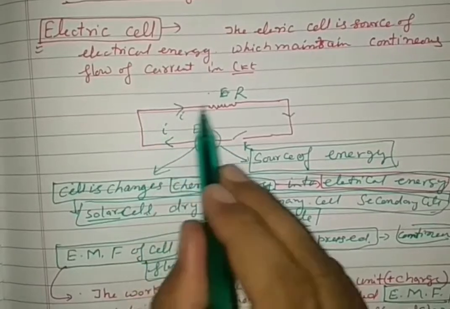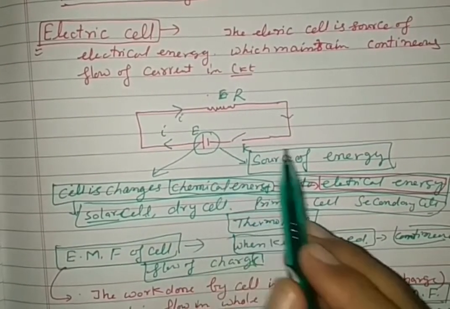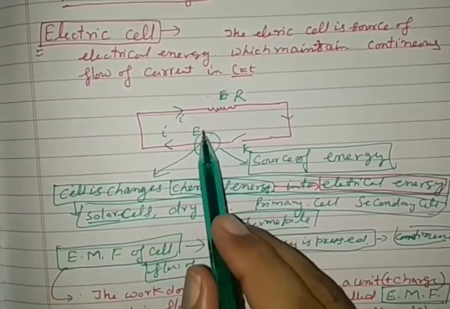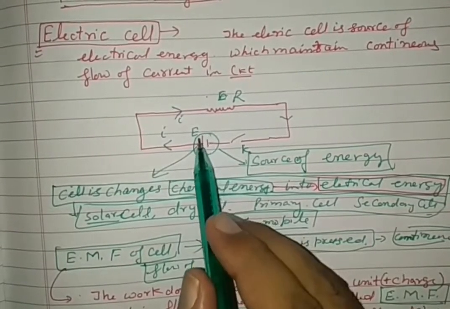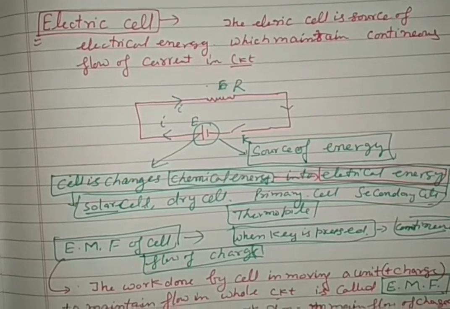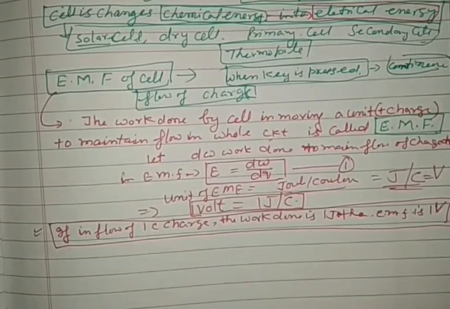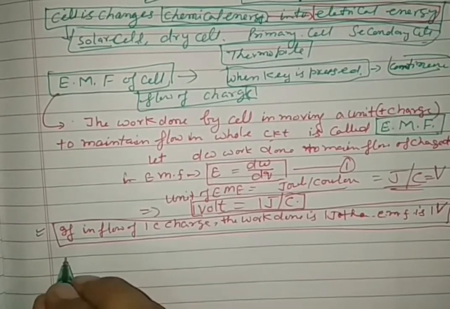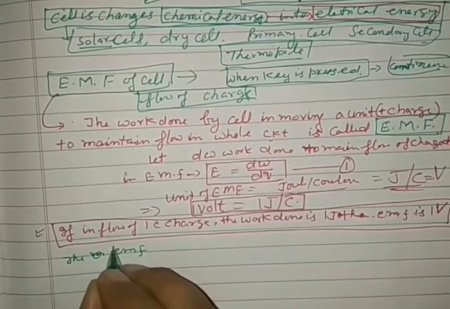If 1 coulomb of charge flows, and 1 joule of work is done to flow it, then the EMF of the cell is 1 volt.